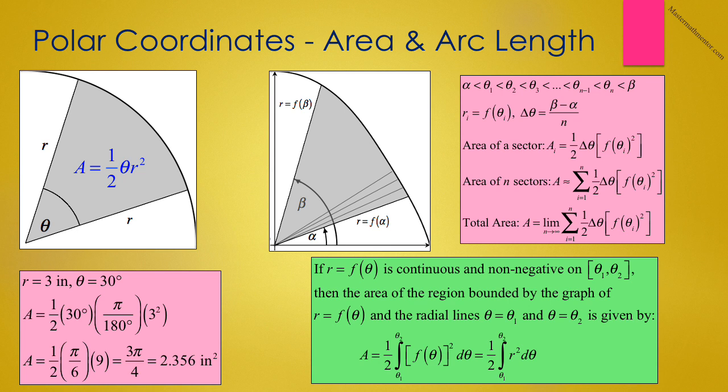If r is f of theta and is continuous and non-negative on the interval theta 1, theta 2, then the area of the region bounded by the graph of r equals f of theta and the radial lines theta equals theta 1 and theta equals theta 2 is given by the formula A equals 1/2 the integral from theta 1 to theta 2 of f of theta squared d theta, or the simpler formula 1/2 integral from theta 1 to theta 2 of r squared d theta.